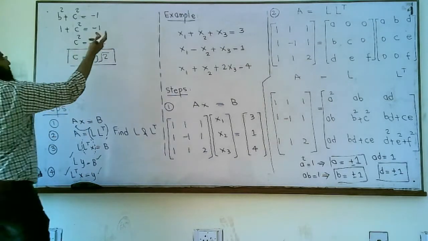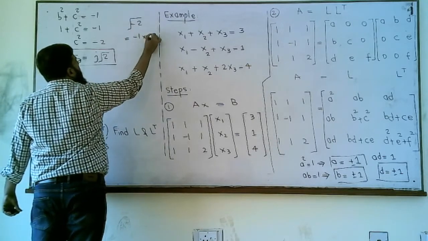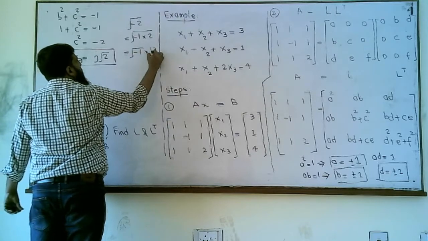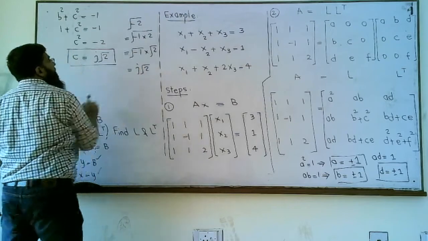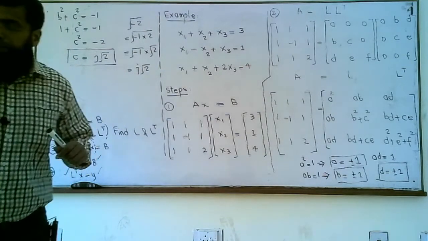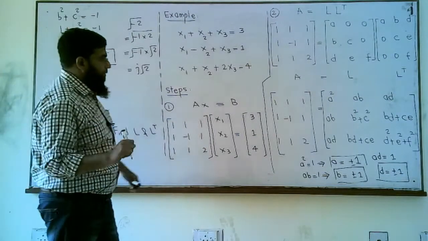This is minus 2 square root, which is minus 1 square root times 2 square root. Square root of minus 1 is j or iota, and then square root of 2. Right. So we can proceed further to find E.